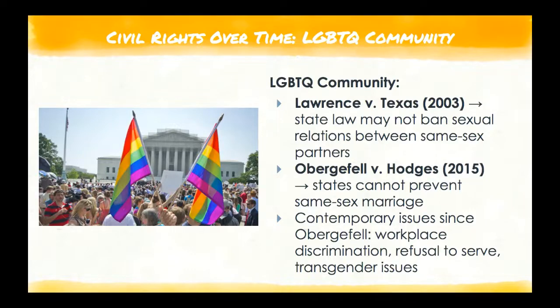Some states allow for protections if it's based on the merchant's religious views. That's going to be the most common reason given for refusal to serve. And then we also have transgender issues, specifically looking at schools and government buildings, restrooms, locker rooms, etc. So we definitely have a long way to go in terms of defining these, just like we had a lot of issues in terms of definition when it came to desegregation and Brown v.